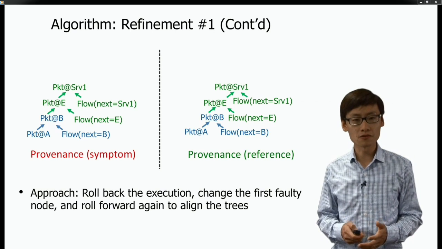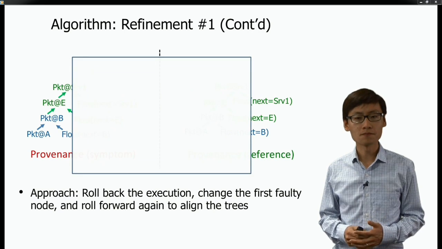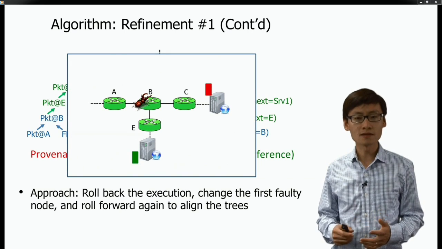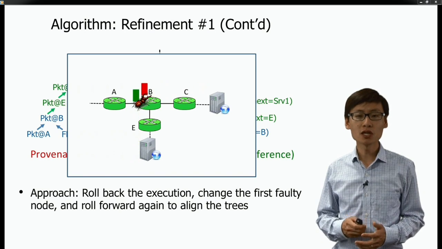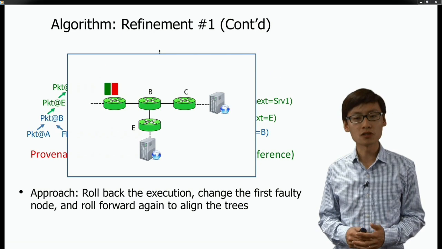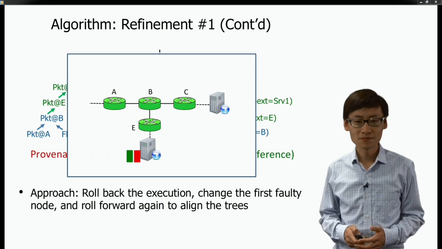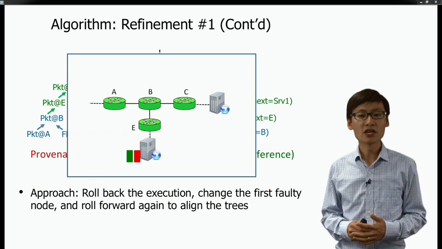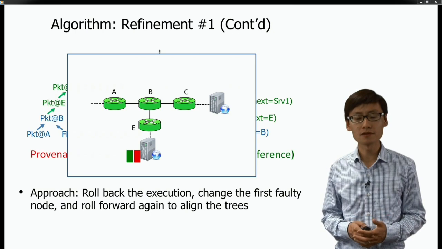To map this algorithm to the topology, remember that the scenario looks like this. What the algorithm does is to unwind those packets and make a change to the network so that the bug is removed, and test out the change by rolling forward the execution. This already goes a long way in identifying the initial differences, but not the consequences.